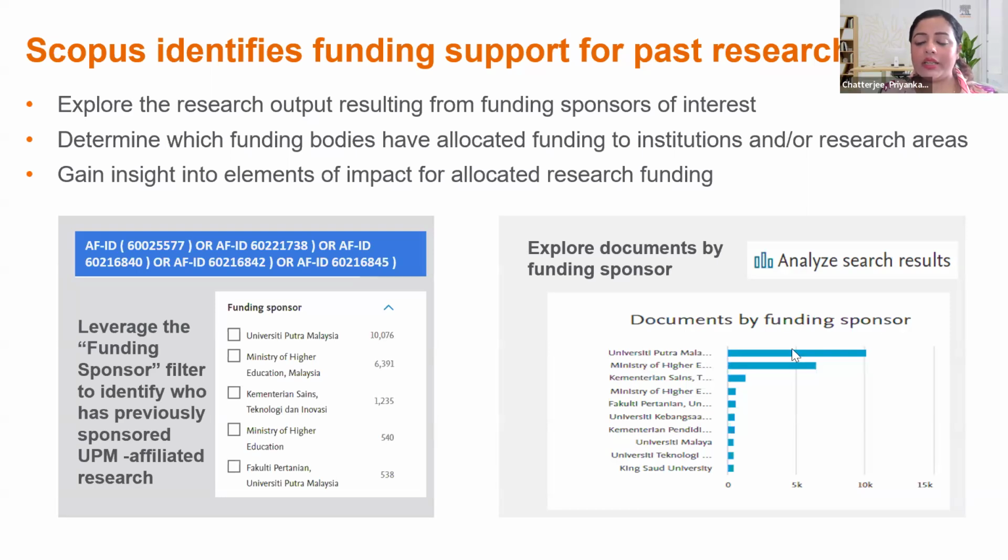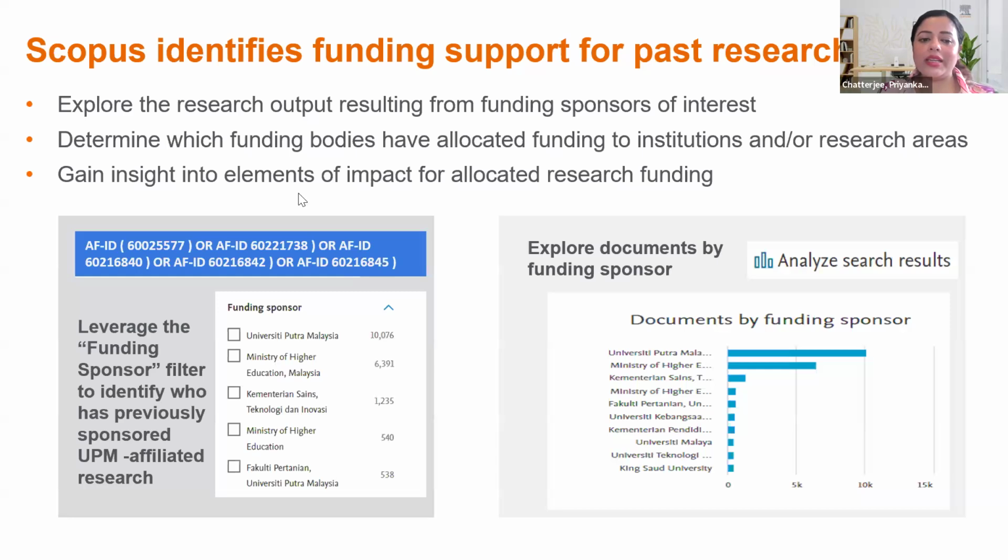Depending on the funding that you have received, the number of publications that your university has produced receiving that funding. So this data is available using Scopus. If you analyze the results that you get from looking at your research affiliation profile, you will be able to drill down and look at the documents by funding sponsor as well as your funding sponsor list.